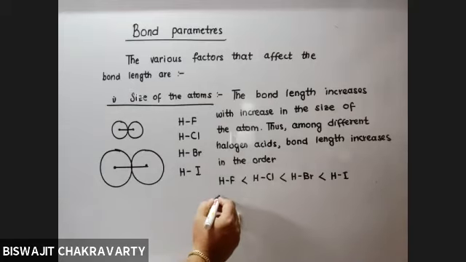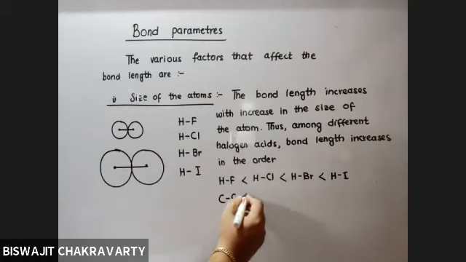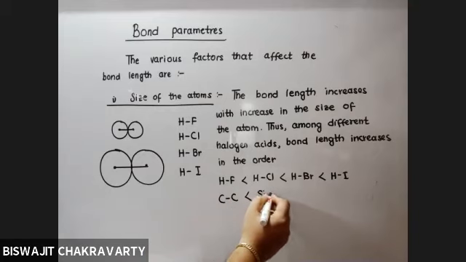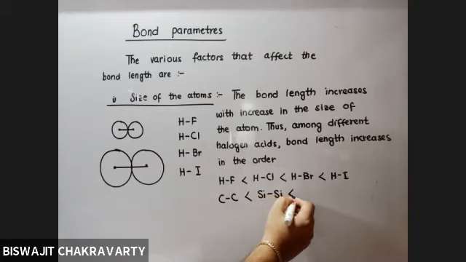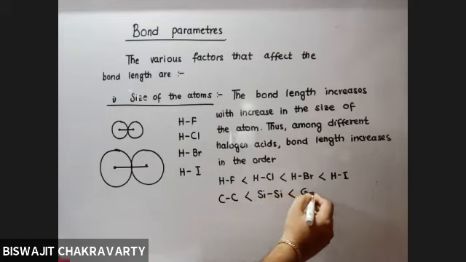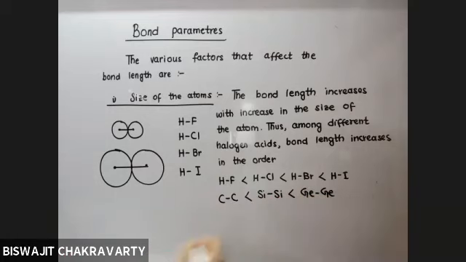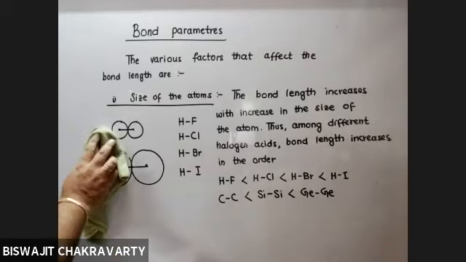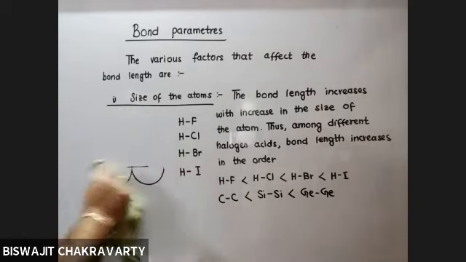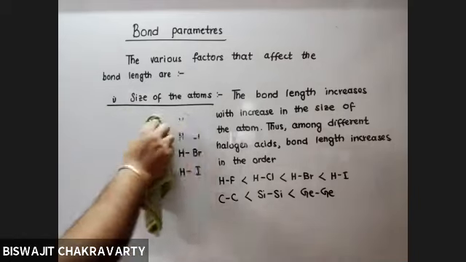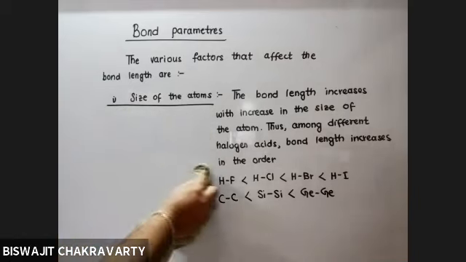Similarly, the bond between carbon and carbon will be smaller than silicon-silicon, which will be smaller than germanium-germanium. Why? Because they all belong to the same group, and as we move down the group the atomic size increases. So bond length increases with increase in the size of the atom.